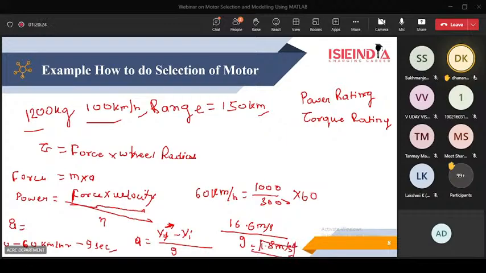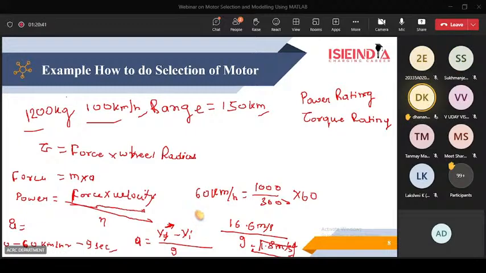Sir, those formulas are not clear in the presentation. Could you please explain again? Okay.